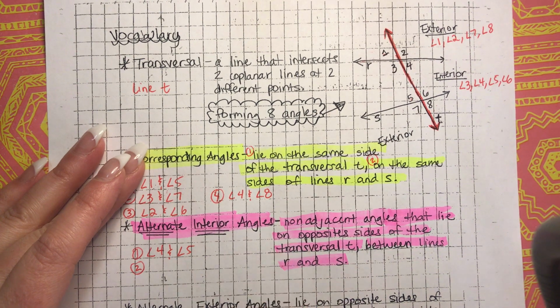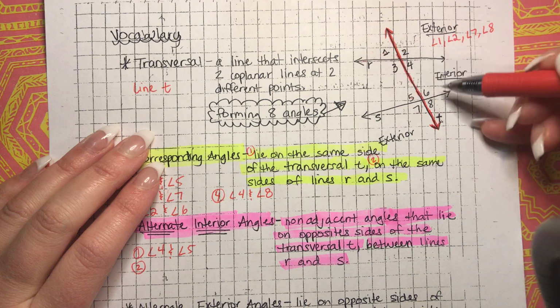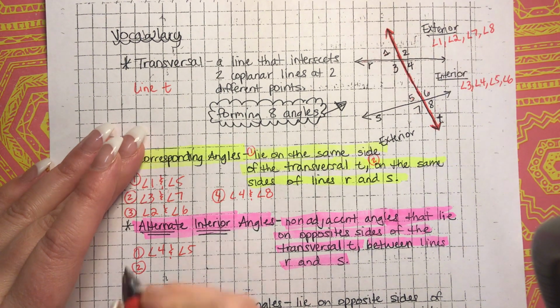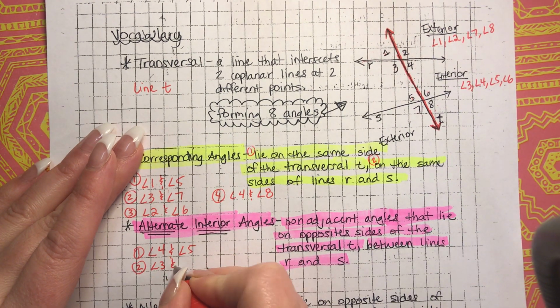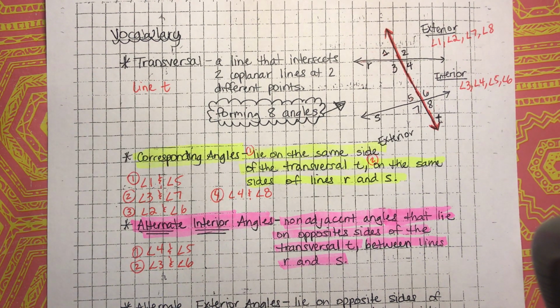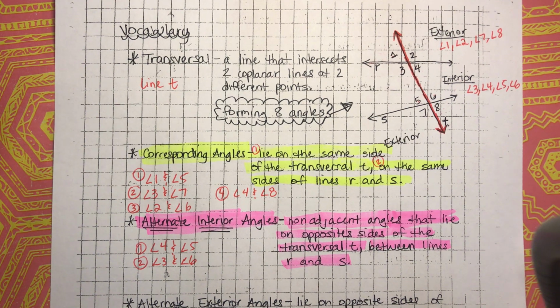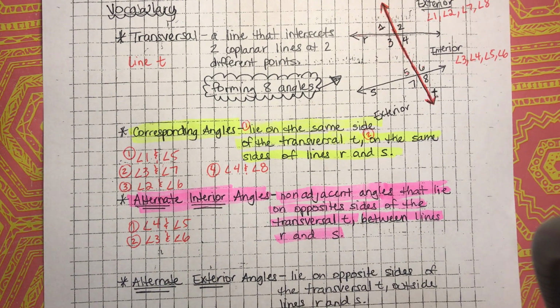And then the second example would be angle 3 and 6. And those are really the only 2 examples for alternate interior angles.